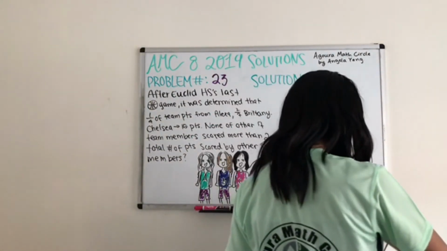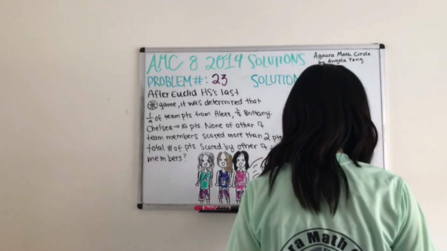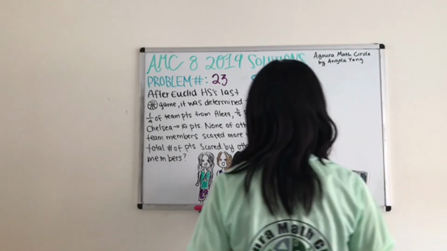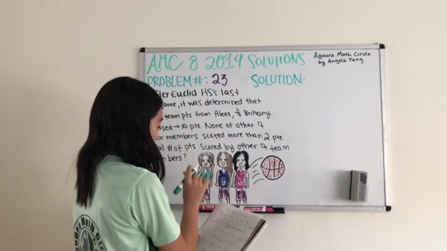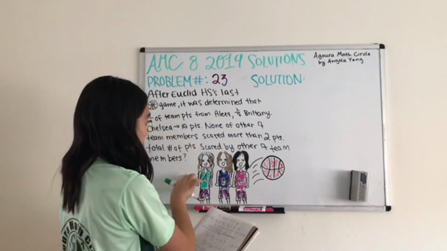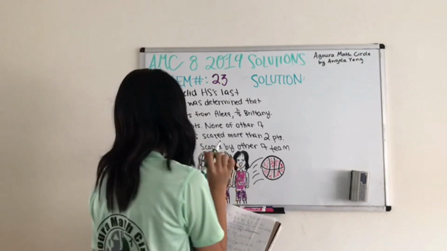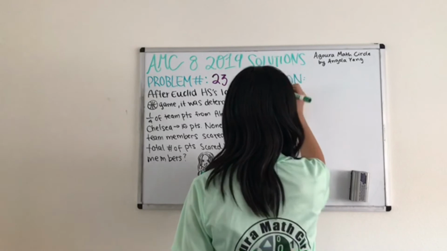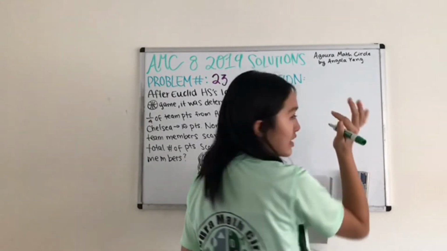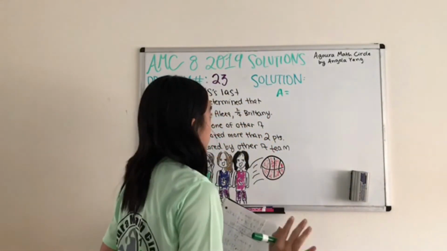So in this problem, we would need an equation. So we know the number of points that A, B, and C. We're going to refer to Alexa as A, Brittany as B, and Chelsea as C. So let's assume that X is the total number of team's points.